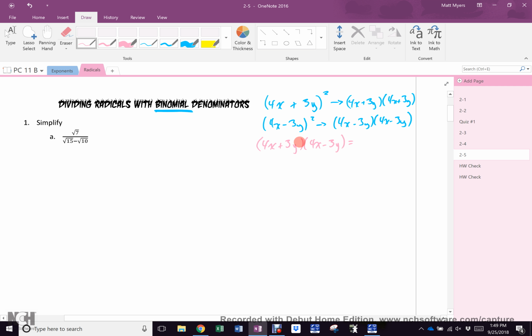What happens there? The middle term drops out. The xy term disappears because you have minus 4 times 3 and positive 4 times 3. So your xy term disappears.